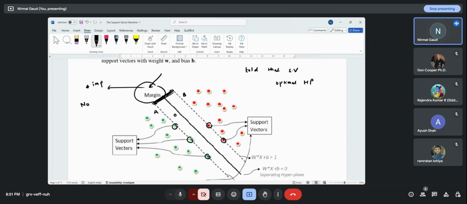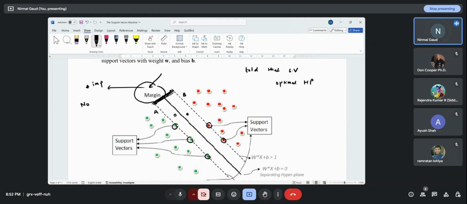And everything is hypothetical. Just making a class boundary is a hypothetical thing, just to apply maths. Okay, so this is not a support vector. This is also not a support vector.